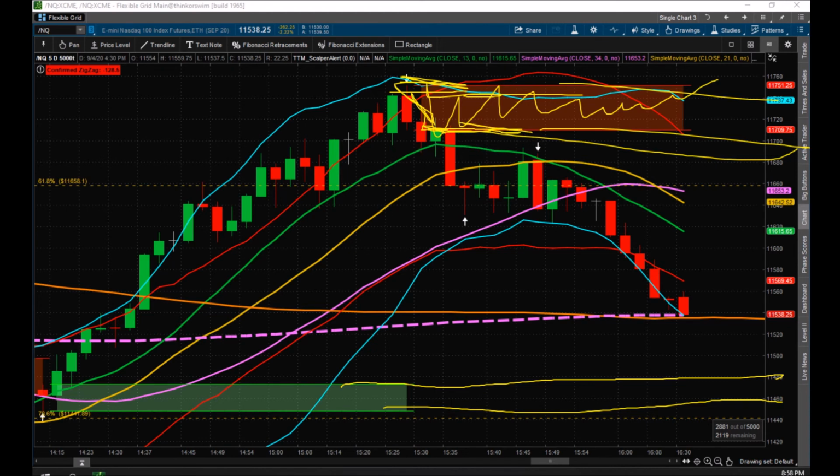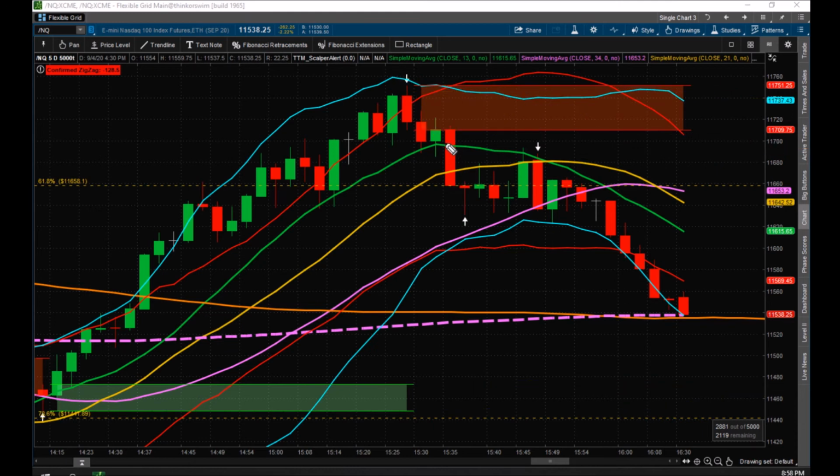So basically it's a reversal study. You got a green candle here, so this is basically the bottom of that, and this is the top of this candle. That's the same way over here. This is the bottom of this candle, and they made a green, and then this is the top.